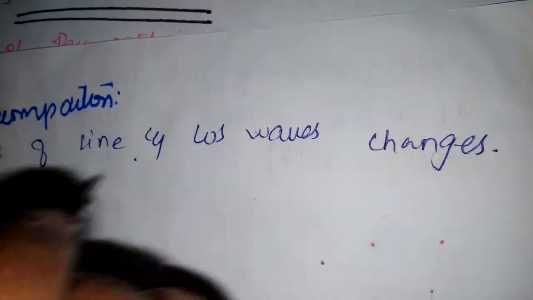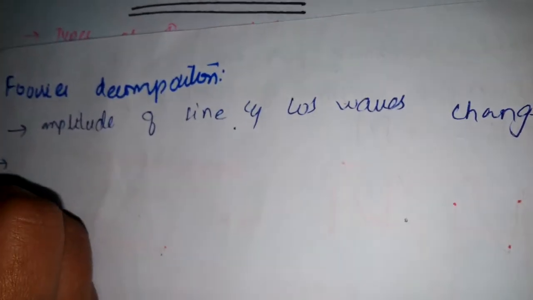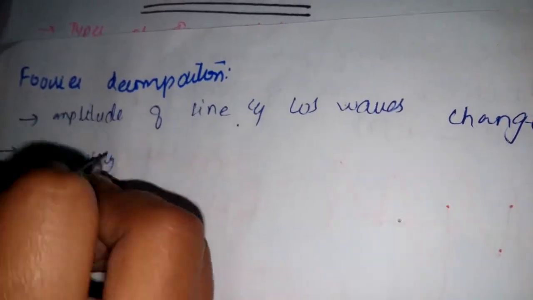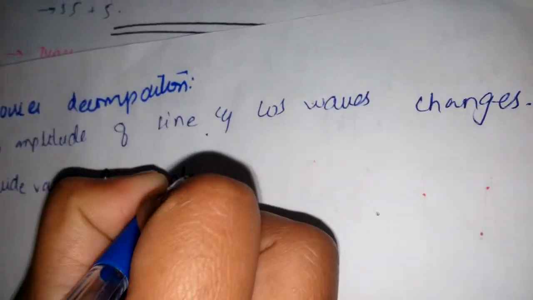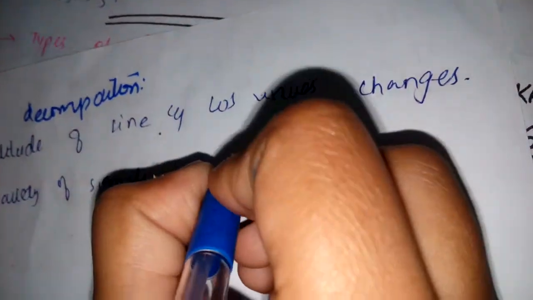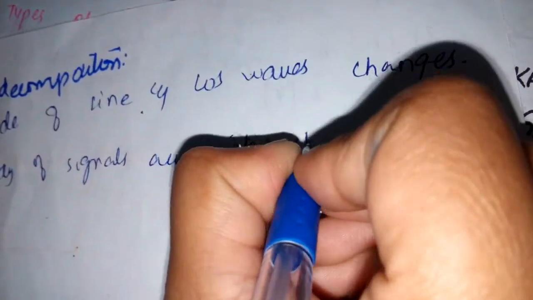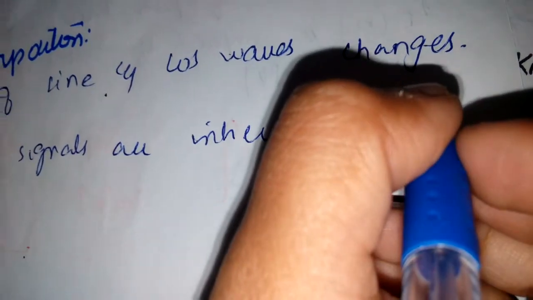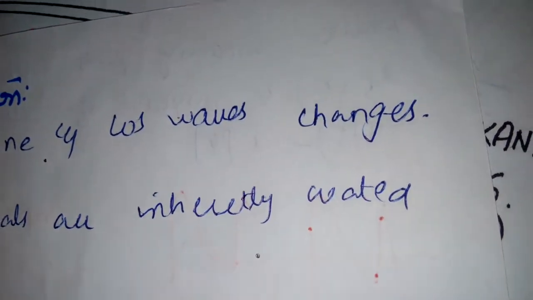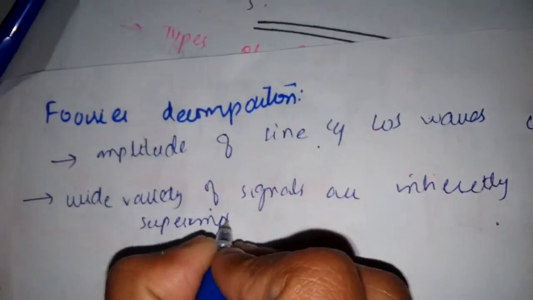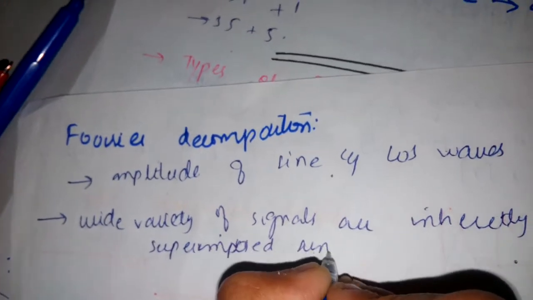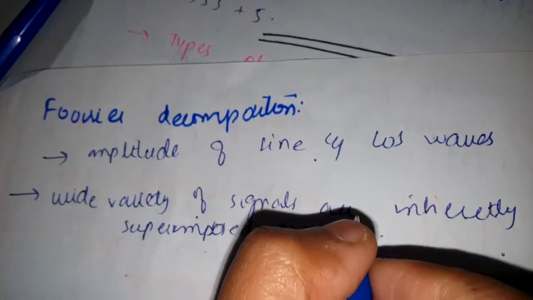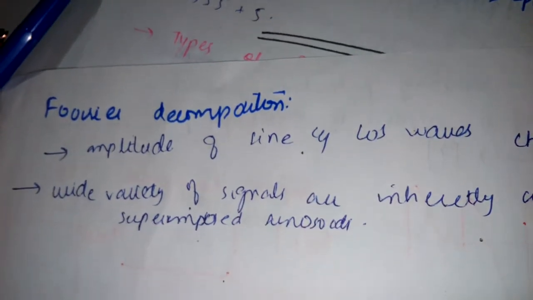It is important for three reasons. Firstly, a wide variety of signals are inherently created from superimposed sinusoids. Audio signals are examples of this.